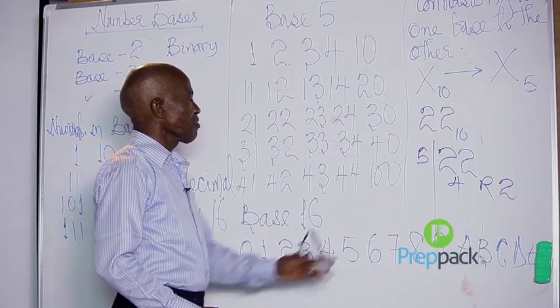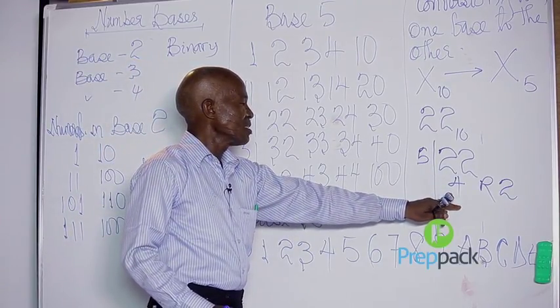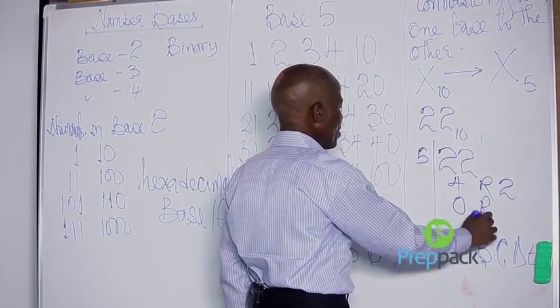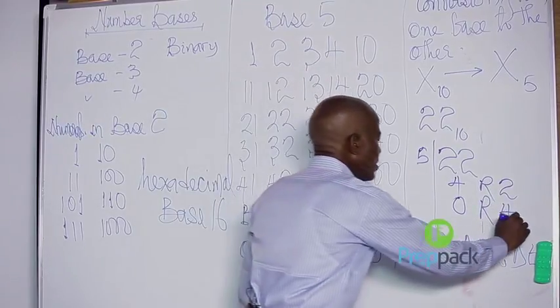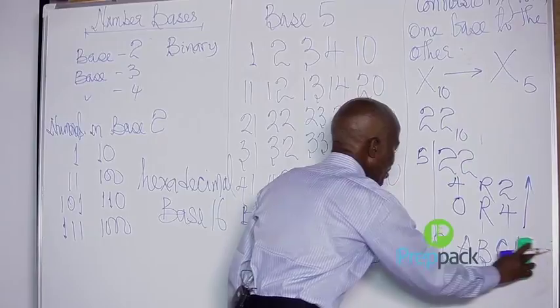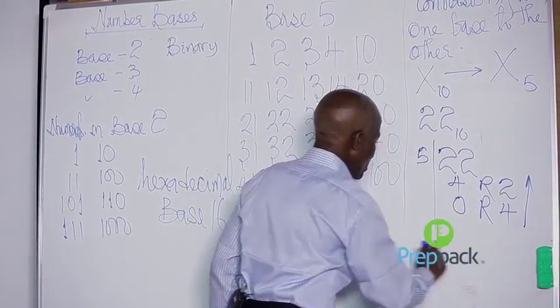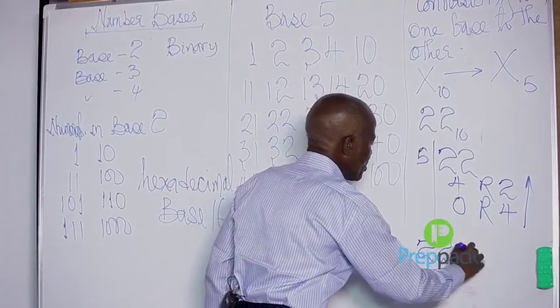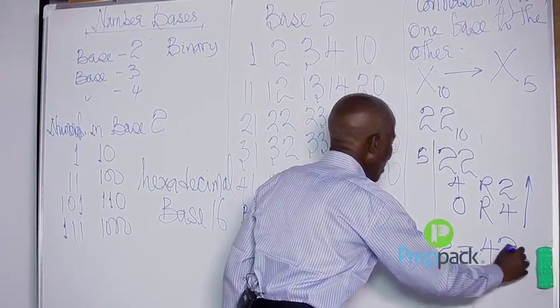Now, 5 dividing 4, that is 0, remainder 4. So here we consider it this way: 22 base 10 will be equal to 42 base 5.